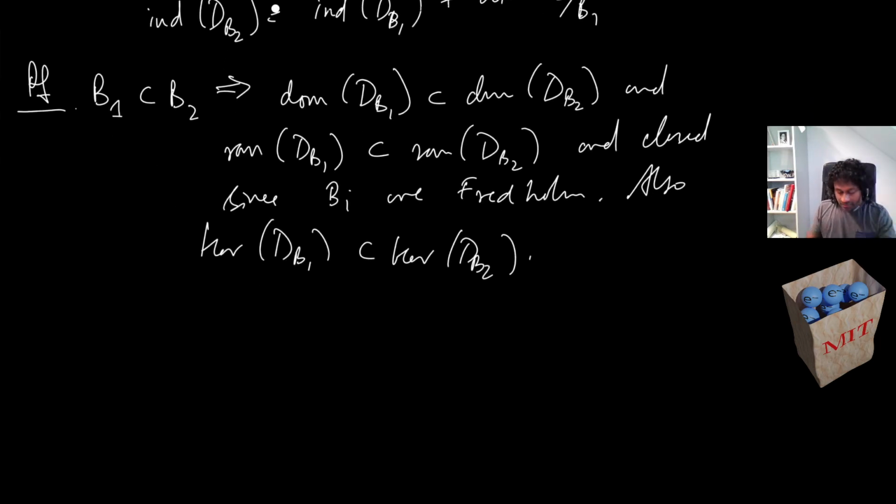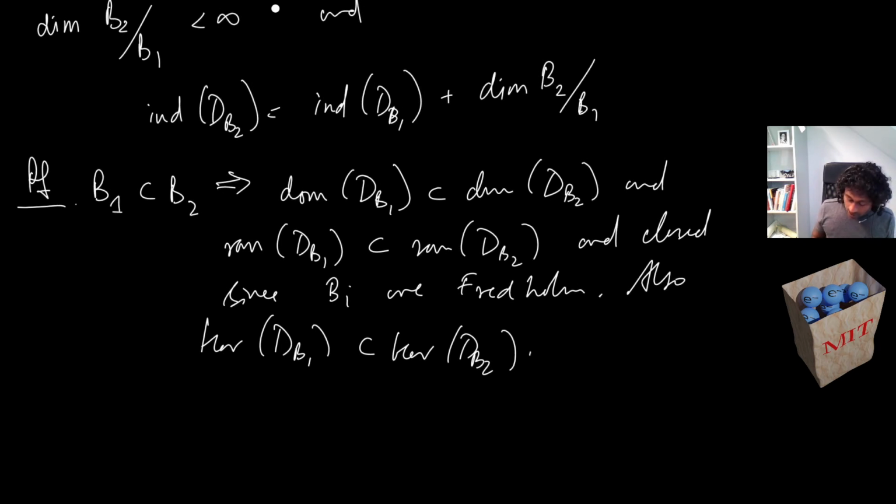Okay, so these are all Hilbert spaces, so we can compute all of this with respect to the domain of dB2. The main thing here is that if we have a non-compact manifold, we cannot assert that the range of the maximal operator is closed.